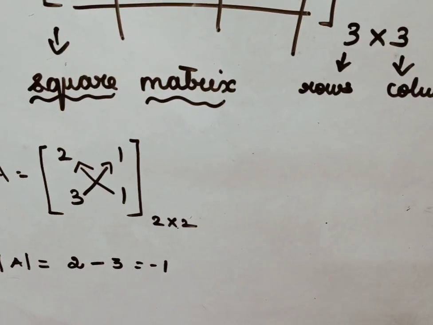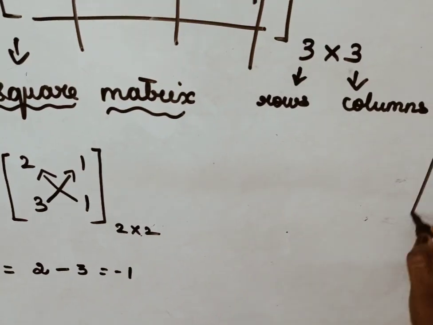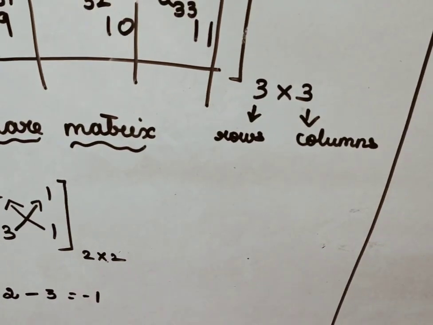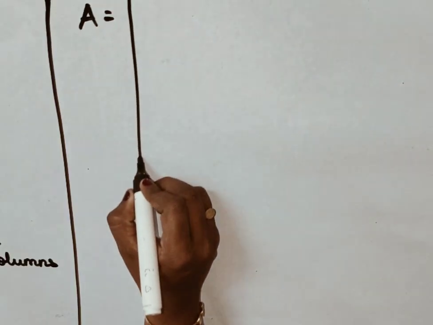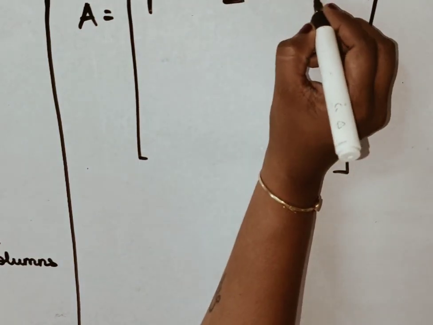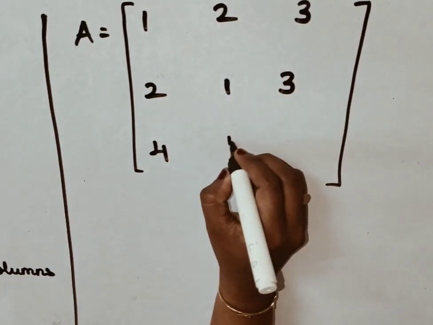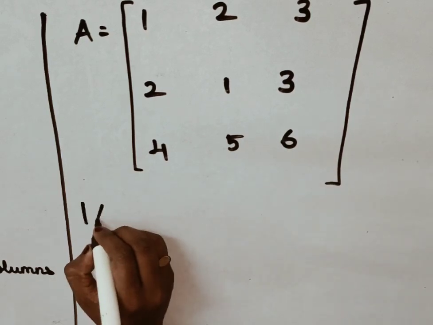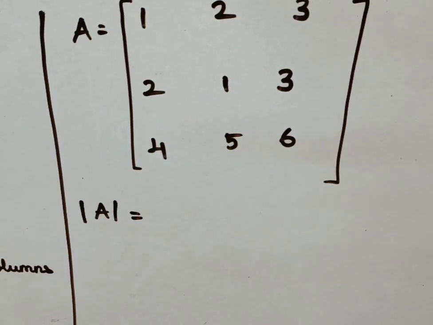Now I will explain how to find the determinant of a 3 cross 3 matrix. I will take one example. Let us see how to find it.